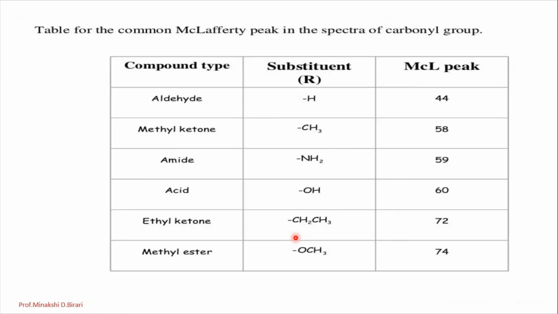Now this is the table for the common McLafferty peaks in the spectra of carbonyl groups. If you observe the compound type, aldehyde, there is the substituent, and the peak observed by McLafferty rearrangement will be at m/z 44 for aldehyde, 58 for methyl ketones, 59 for amide, 60 for acid, 72 for ethyl ketone, and 74 for methyl esters.